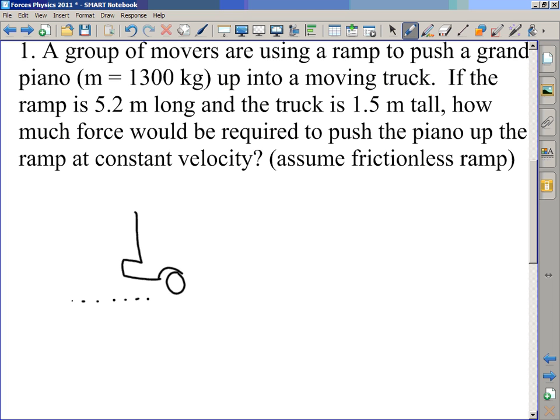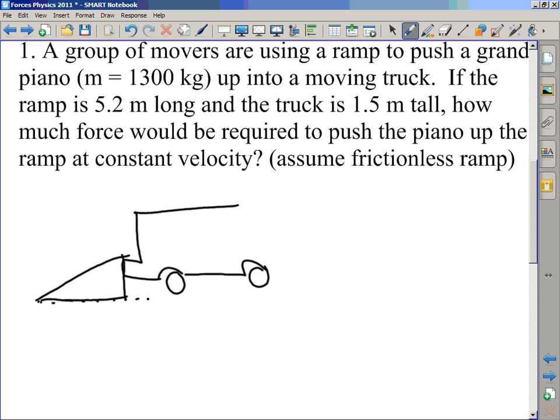And so I get a basic ramp, something like that. Does everyone see the ramp that we have going on here? I've got the back of the truck and a ramp going up to it. So there's the moving truck and a ramp going up to it.